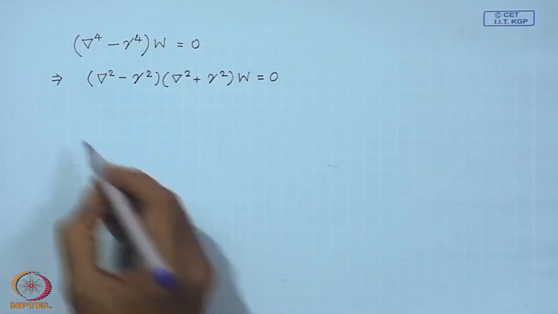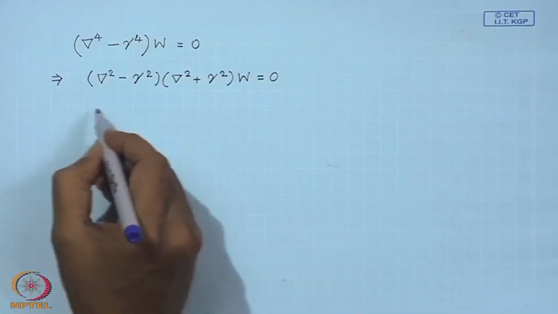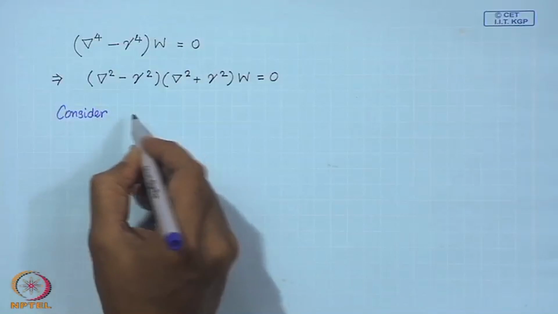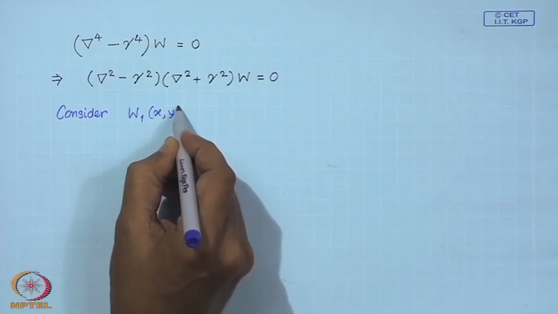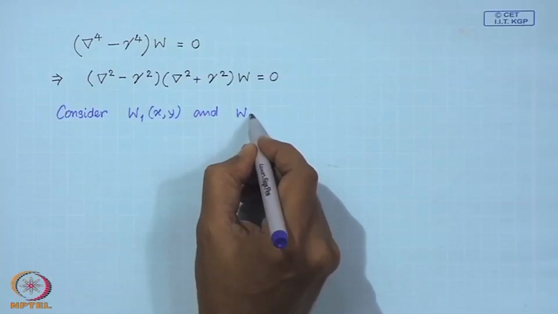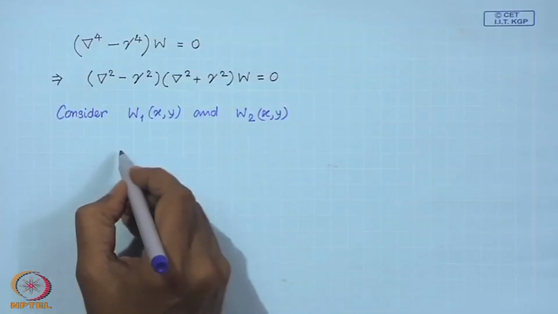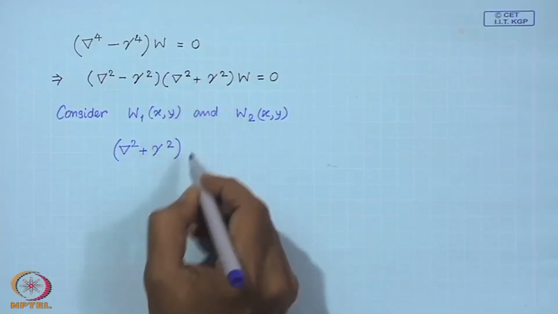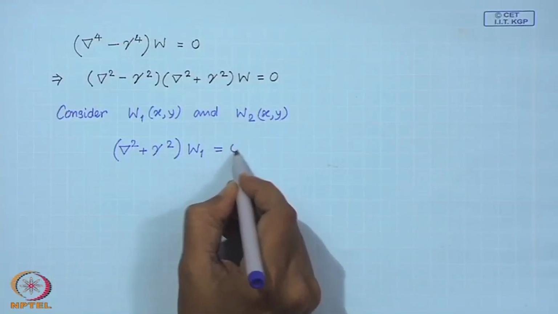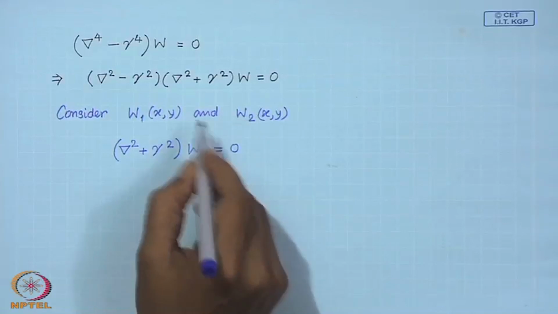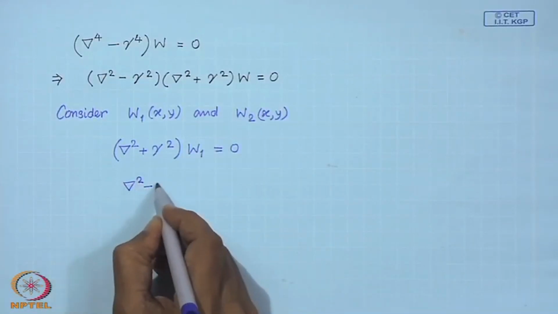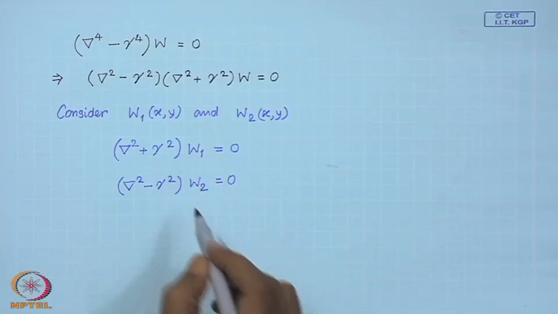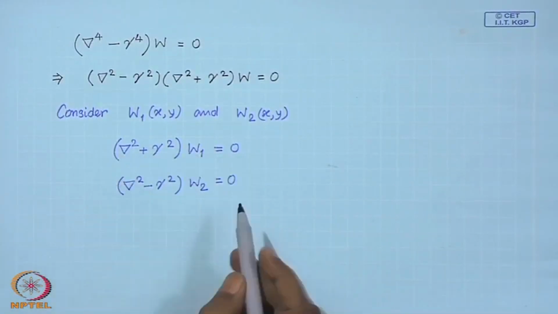So, then if I consider two functions such that this operator operating on W1 is 0, and W2 is such that, so these two functions satisfy these differential equations.